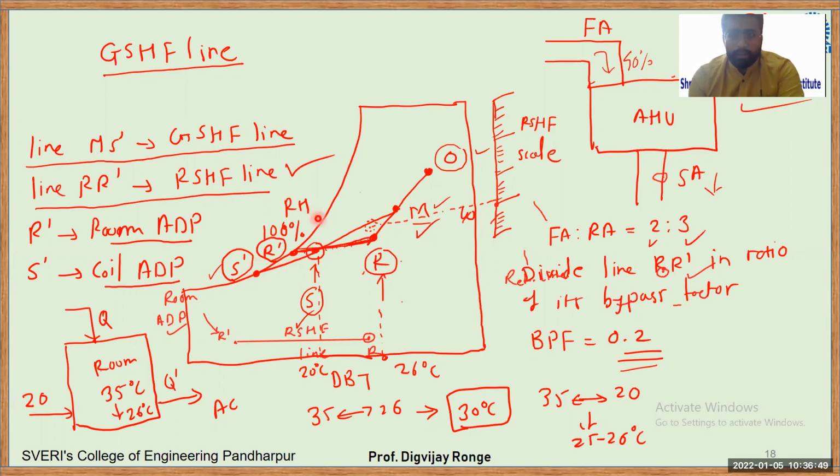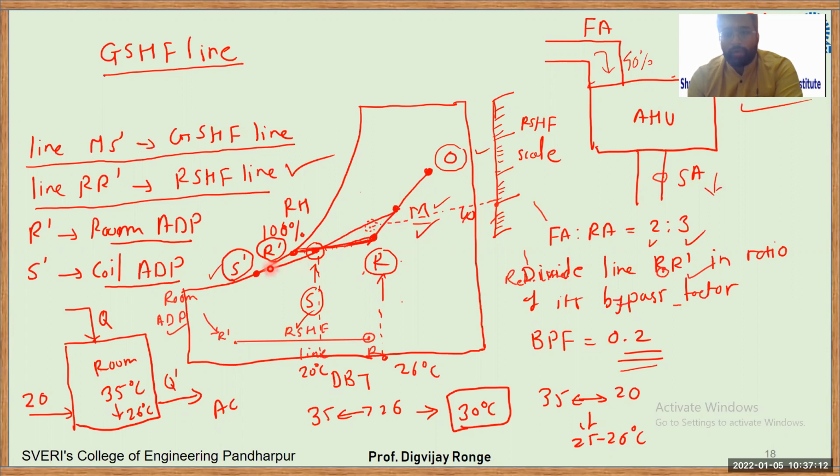So what is happening here? I will again tell you. There is an AHU, an air handling unit. Fresh air, that is outside air, is mixed with the return air. You can see this in the figure here. Now at the outlet we have the supply air condition, so the supply air point will come here on the psychrometric chart. We are passing it over the cooling coil.